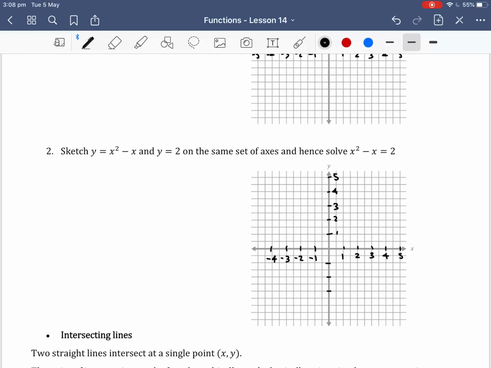Okay, I suppose I should go down as well. Minus 1, minus 2, minus 3, minus 4. Okay, so for the line y equals 2, I'm going to do that first. So that is the straight horizontal line going through the y-axis at 2.